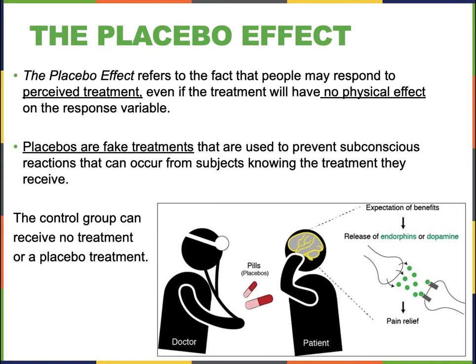So to summarize, a control group can receive no treatment at all, or they may receive a placebo treatment. So not every single experiment is going to have a placebo. Some experiments might have the control group not receiving any type of treatment.